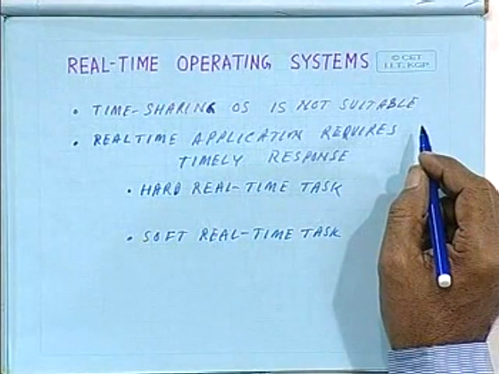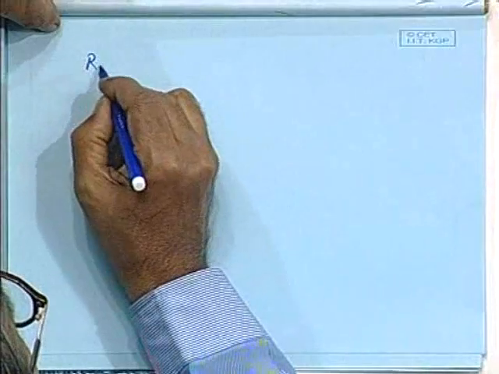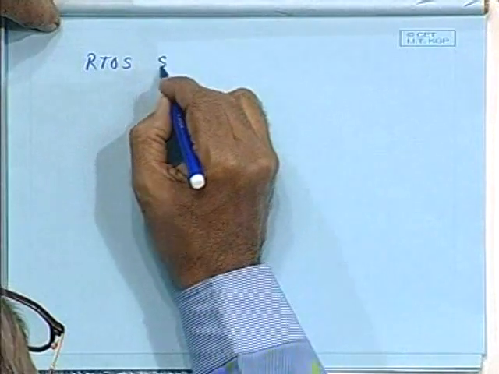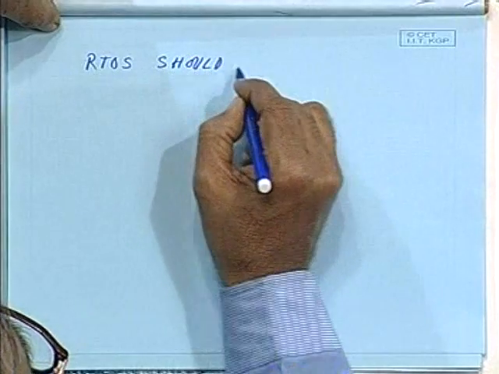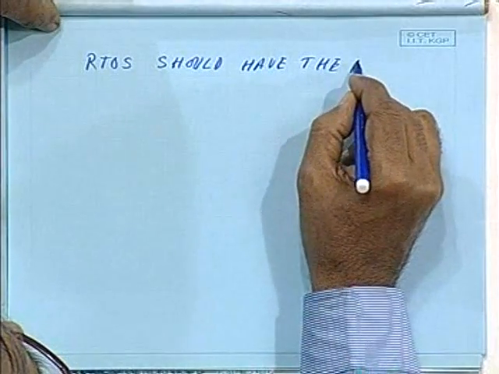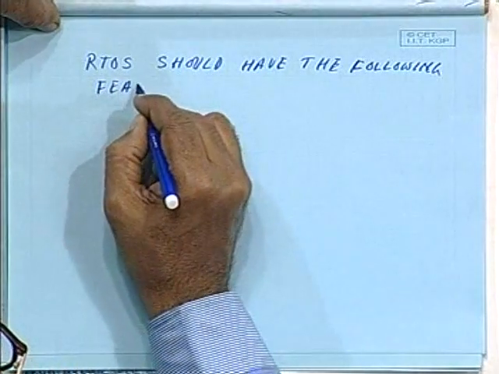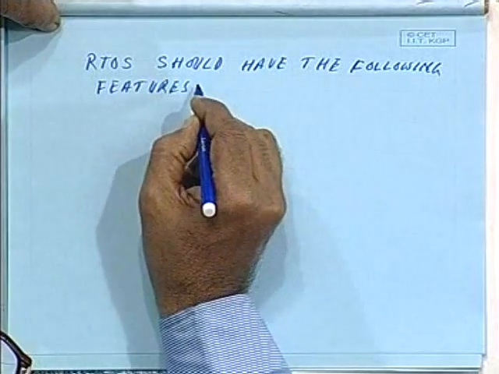What are the features to be supported by these subtasks? The real time operating system, RTOS, should have the following features.